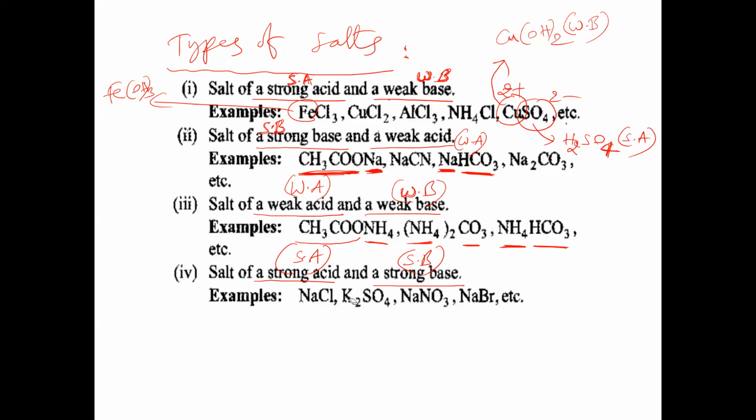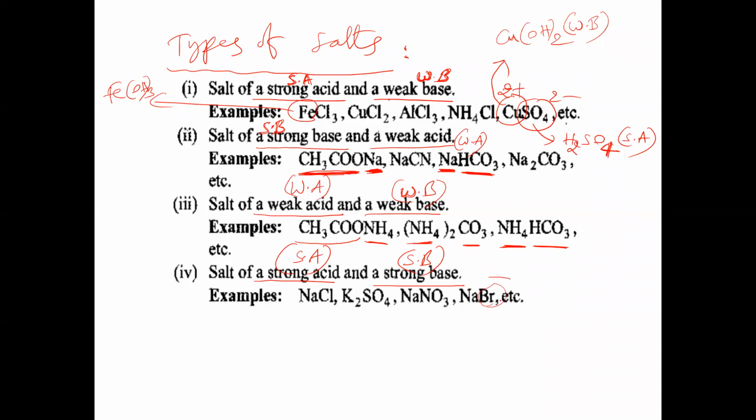And K plus ions from the strong base KOH. SO4 minus 2 anion from sulfuric acid, strong acid. Na plus from strong base, NO3 minus from HNO3, strong acid. So strong base, strong acid. Na plus from strong base, Br minus from HBr.